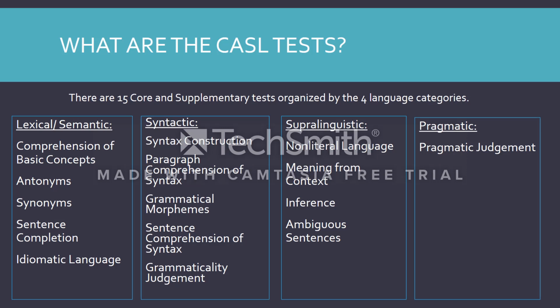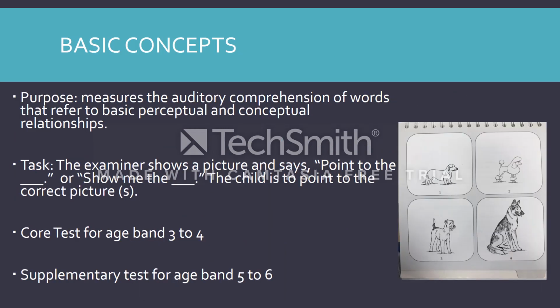And then syntactic category has syntax construction, paragraph comprehension of syntax, grammatical morphemes, sentence comprehension of syntax, and grammaticality judgment. The supralinguistic category has non-literal language, meaning from context, inference, ambiguous sentences, and then the pragmatic has the pragmatic judgment, and we will talk about each of these in the following slides.